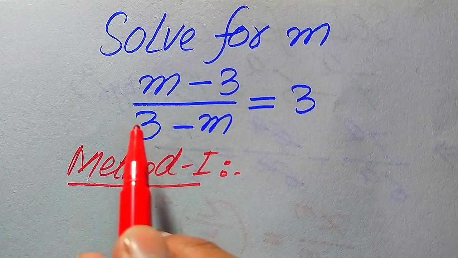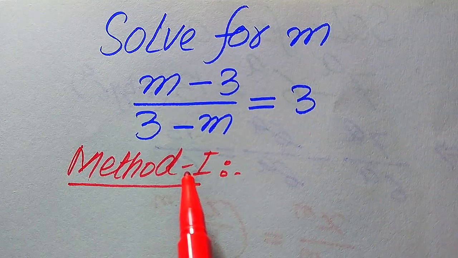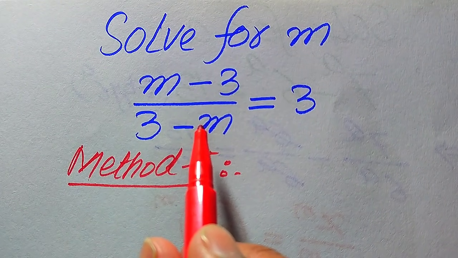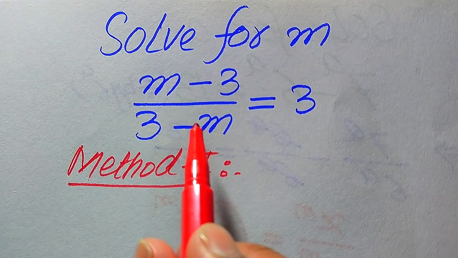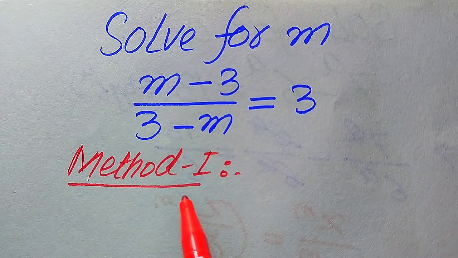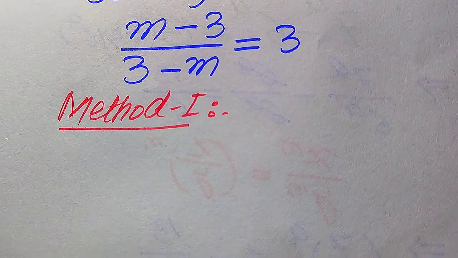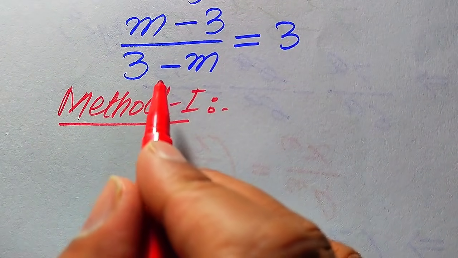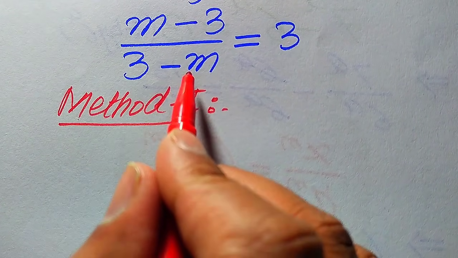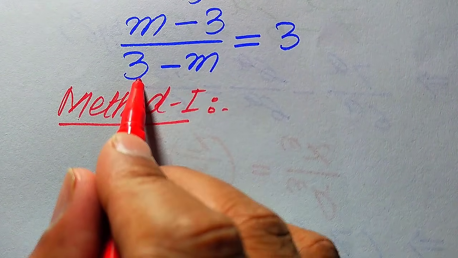So if you see directly into the question statement, it is not possible to find the values of m directly, but in the first method I can do this and find the values of m. In this method we need to move 3 minus m from the left hand side to the right hand side.